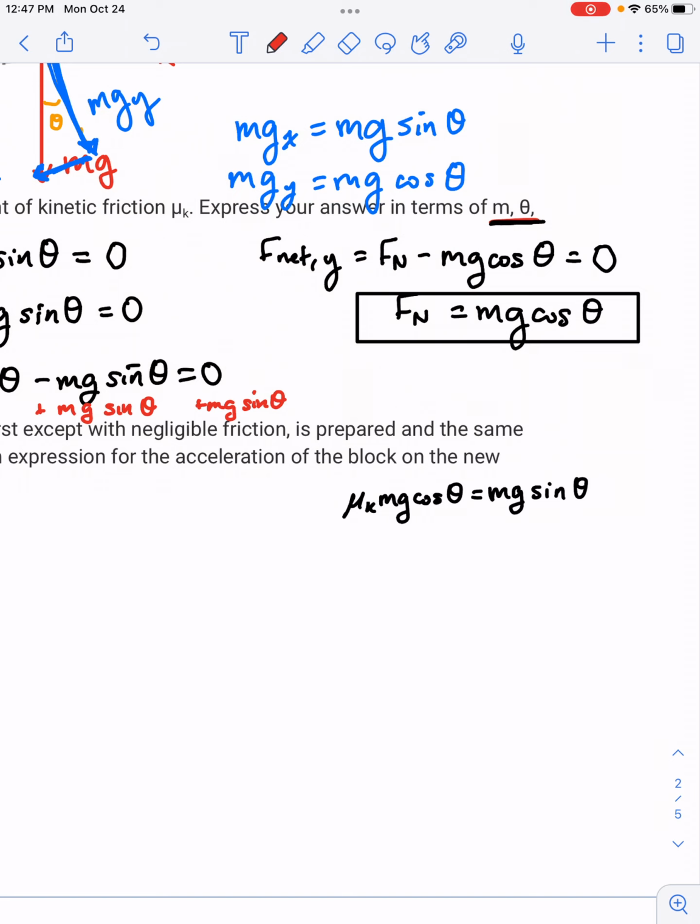And then I can divide both sides by mg cosine theta, so that on the left side, all I have left is that coefficient.